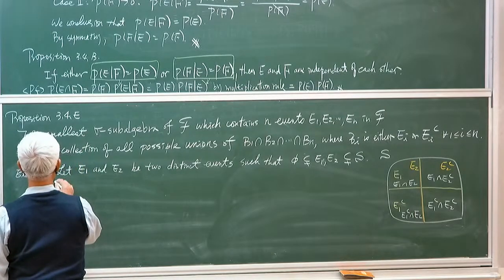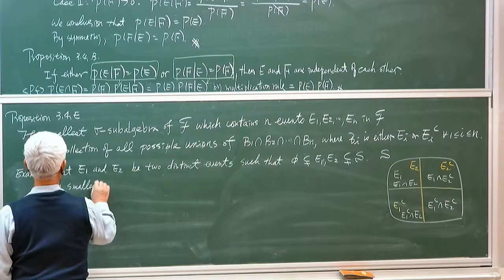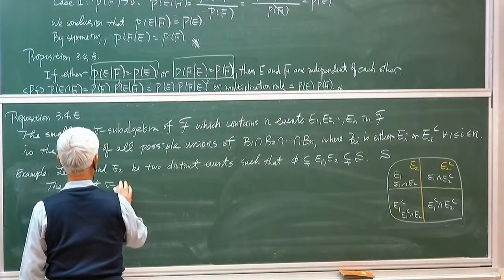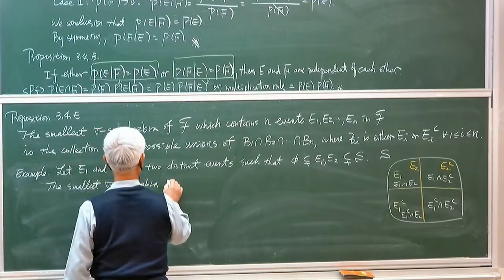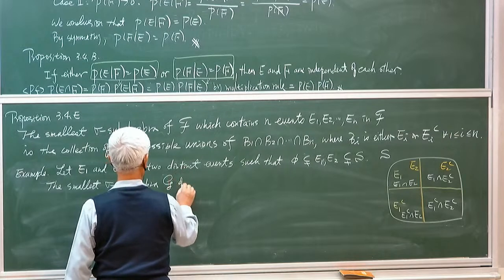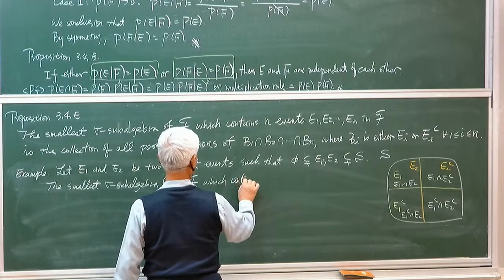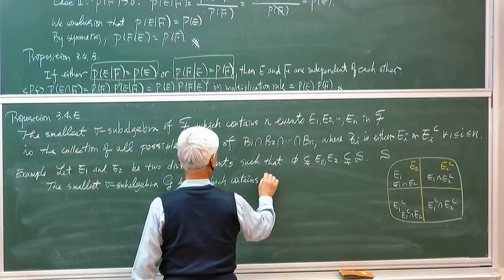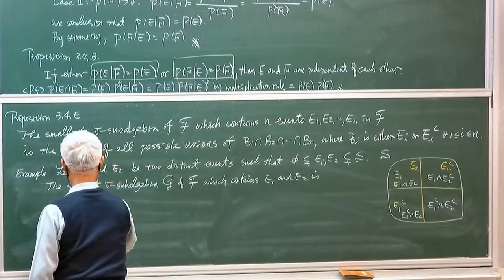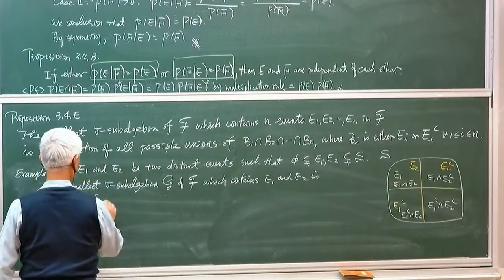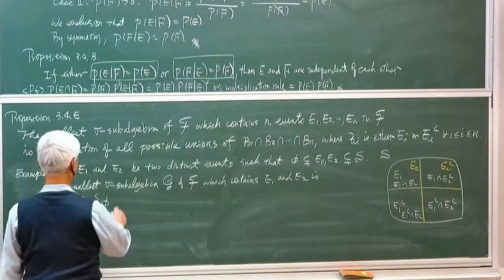Now the smallest sigma algebra, sub-algebra, we say G of X, which contains E1 and E2, X here, and the empty set.